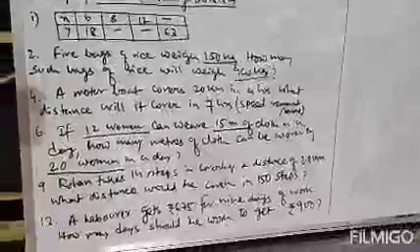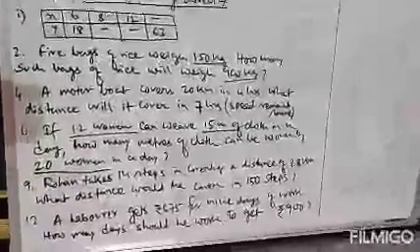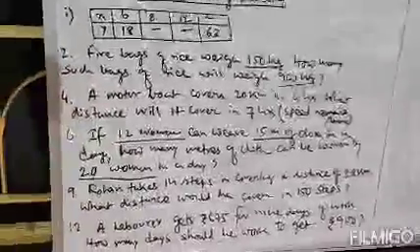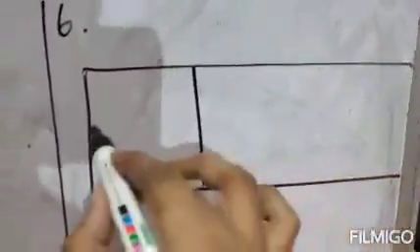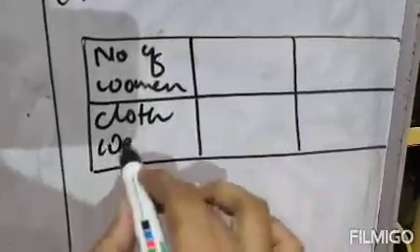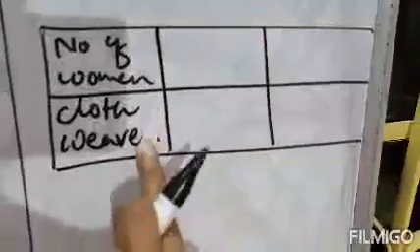So now there are two quantities. One is the number of women and the other is the cloth woven. So put this data in the table. One quantity is the number of women, the other quantity is the cloth woven, and cloth woven is given in meter.